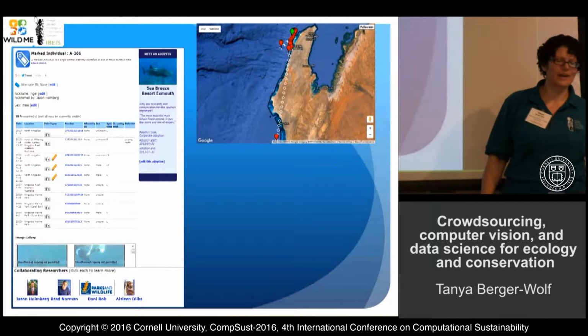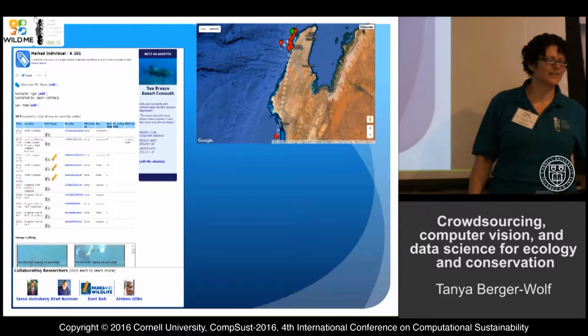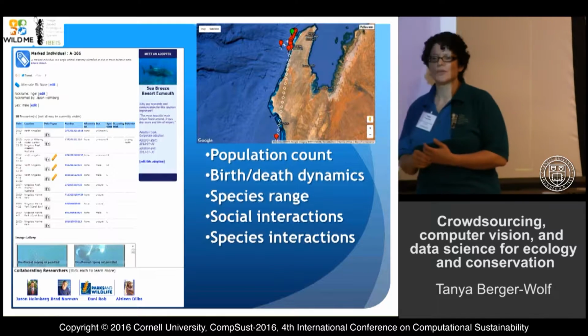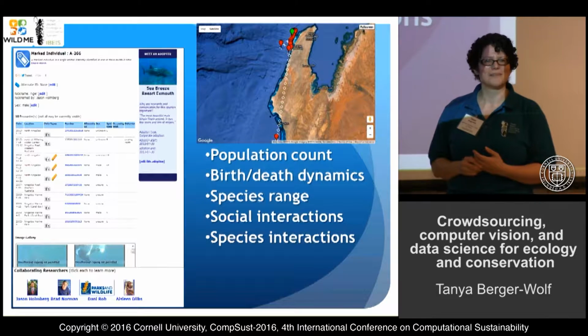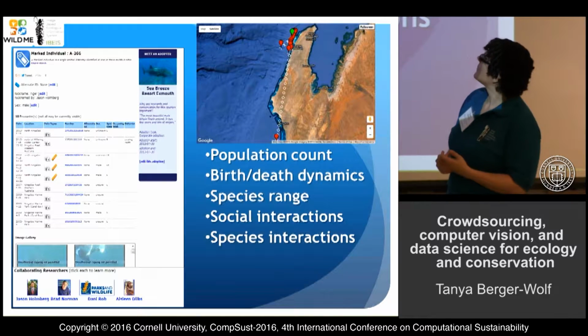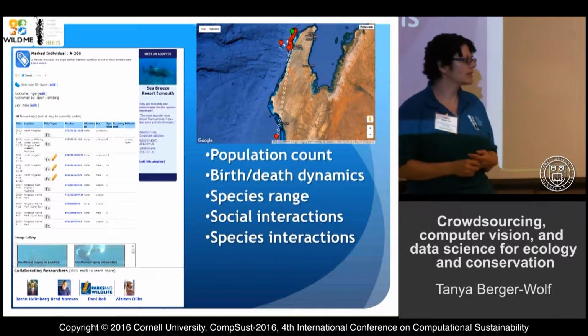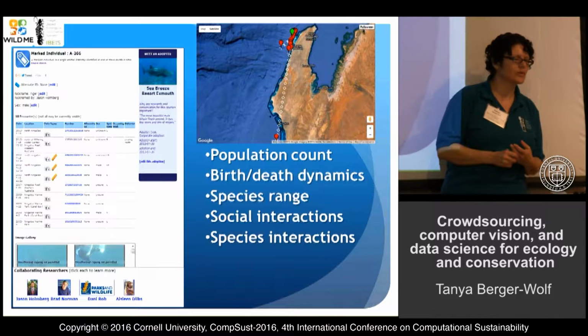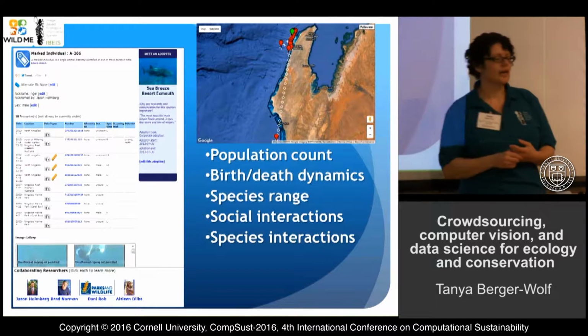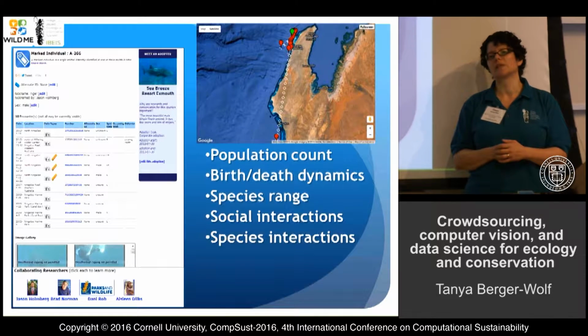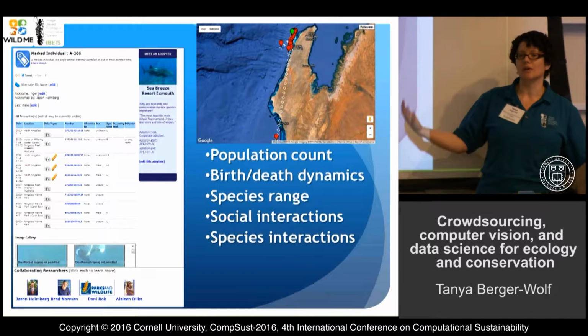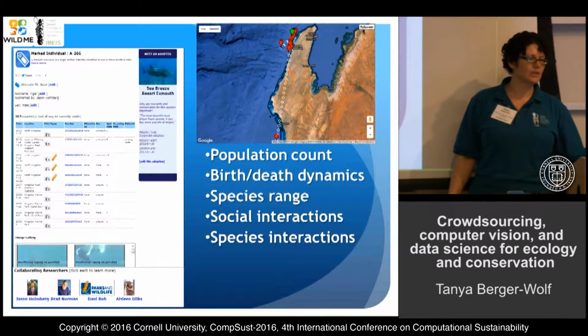You can find migration routes purely from photographs, you can do population counts using Tom's bias-adjusted models, and you can do birth-death dynamics and species range and social interactions and species interactions. So much of the traditional science you can actually now start doing through images, including social media images, right?